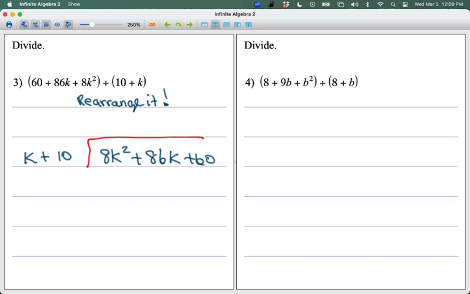All right. We ask ourselves the same questions. k times what gives me 8k squared? And that is 8k. Distribute. It will be positive 80k. 8 times k is going to be 8k squared.